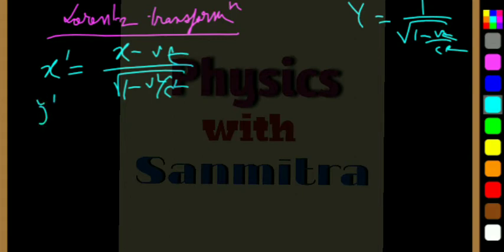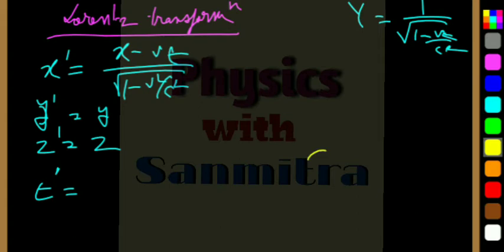Y dash is equal to y, z dash is equal to z. Now time t dash: in classical physics we had taken time as constant, I mean absolute, but here it is not true. See, the speed of light will be constant for any frame. I am telling you again, the speed of light will be constant for any frame.